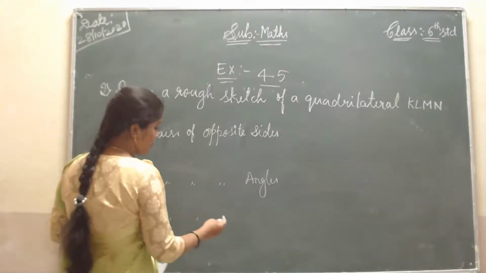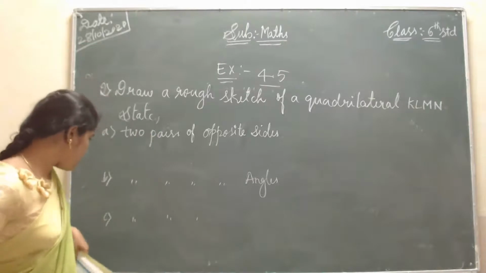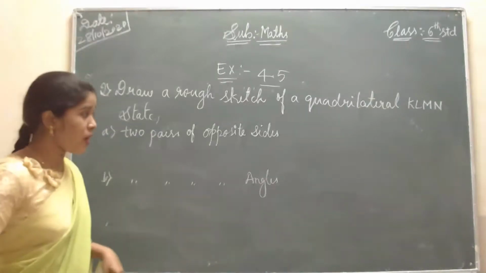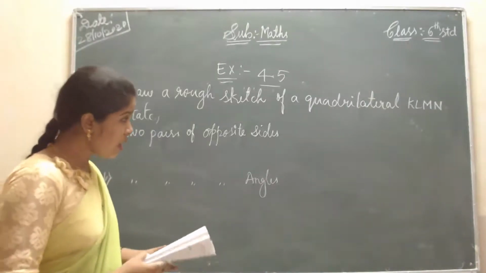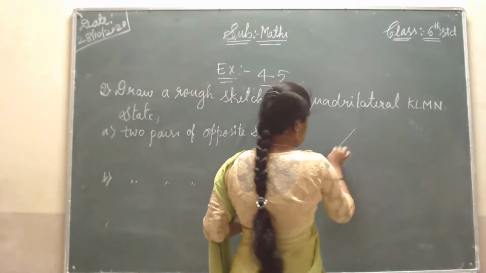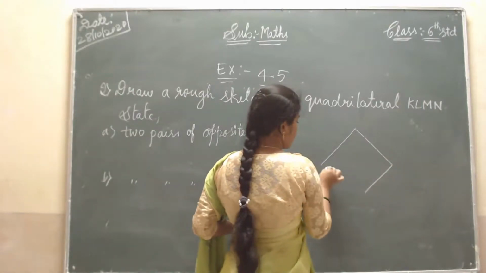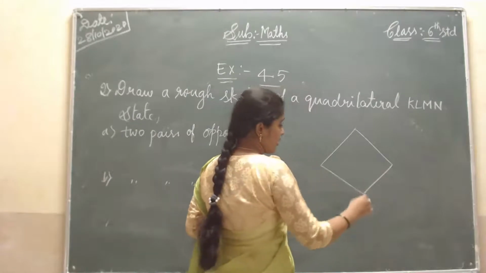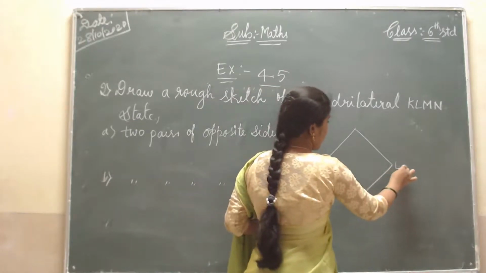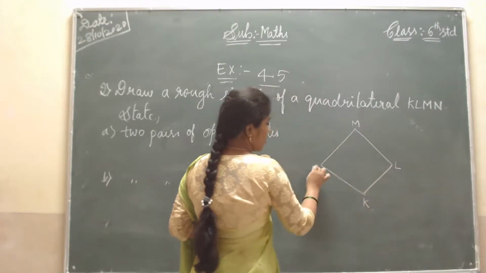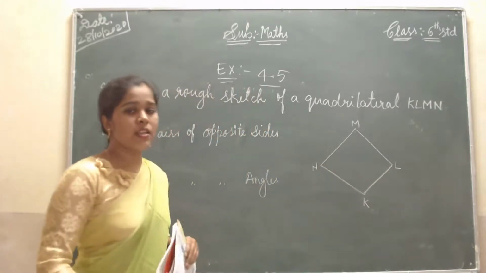First we'll see A and B, later we'll see C and D. First, what we have to do? We have to draw a quadrilateral. This is a four-sided polygon, that is a quadrilateral.